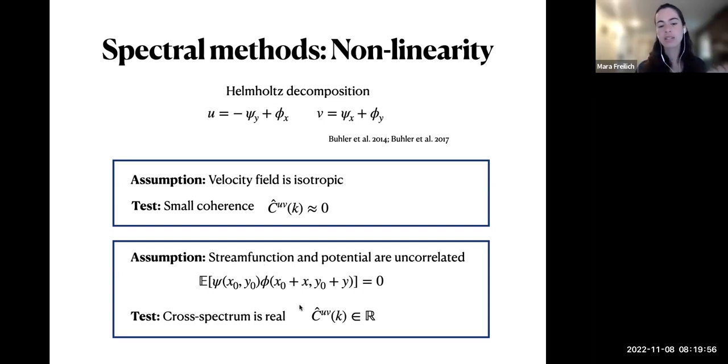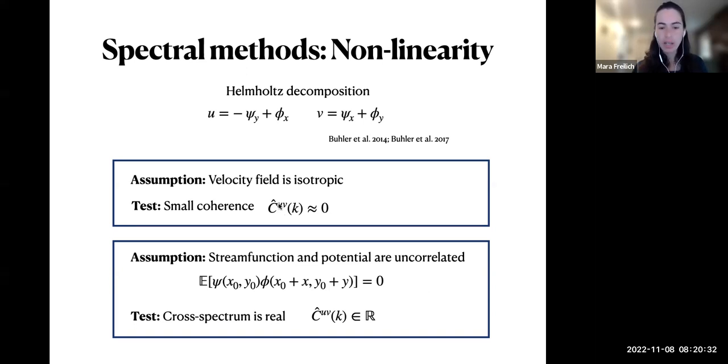So another assumption, which is less problematic, but probably equally violated for many submesoscale dynamics, is that the velocity field is isotropic. And the velocity field being isotropic means that this cross spectrum between U and V is really small, so that it is approximately 0. So you have very small coherence.